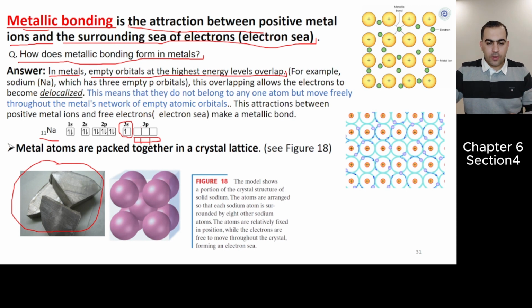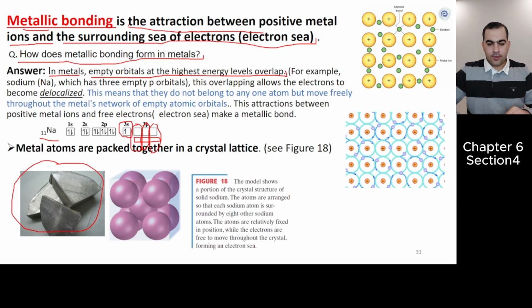These empty orbitals bind together. It's like that. They join together. We call this overlapping. This is between two sodium atoms, but it happens between millions of sodium atoms. It will be like a network of empty orbitals.